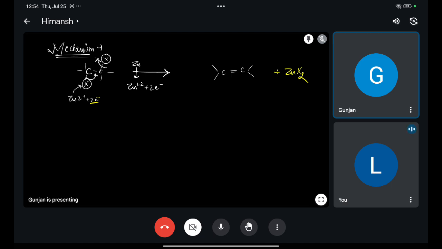Ma'am, here two C negatives will form, and both will form a bond by giving one electron each, we can say. How to see negative will be formed over here? One lower halogen and upper halogen both. The upper halogen is leaving in the form of X negative. I'll explain it once again.